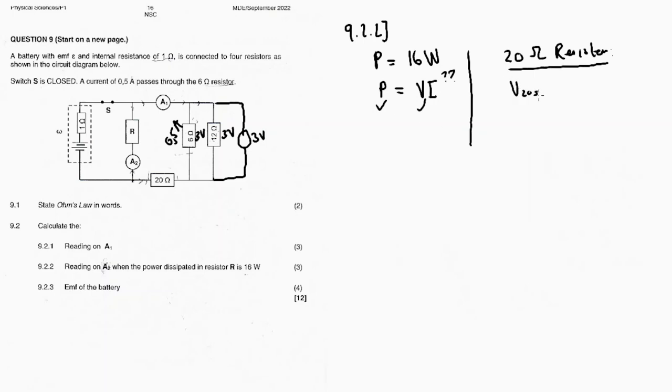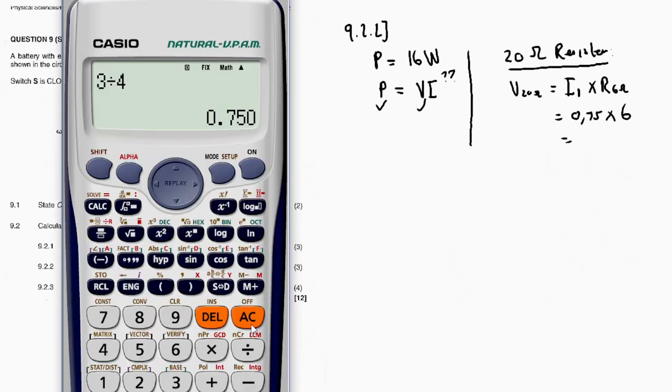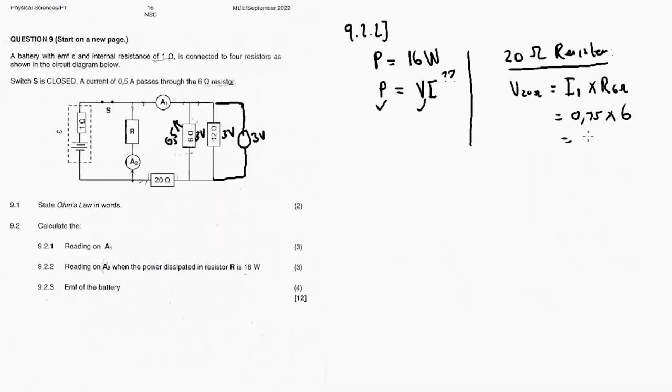V for the 20 ohm is equal to current I1, which was calculated previously and is constant for the parallel connection as well as the 20 ohm, multiplied by R, 6 ohm. So 0.75 times 6 is 4.5.